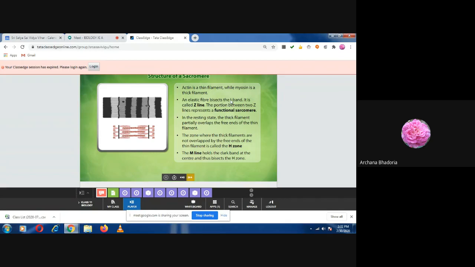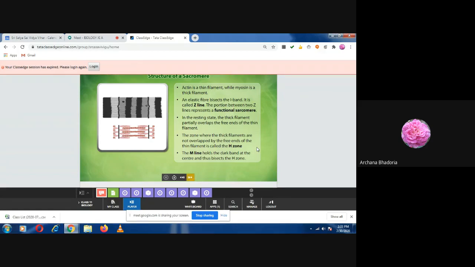Okay. And now we'll try to understand the myosin. That is your dark band. Now, in the center of the dark band, there is a light line. And that light line is known as the Hansen's disk. What is it known as? You write down capital H-A-N-S-E-N apostrophe S, Hansen's disk.